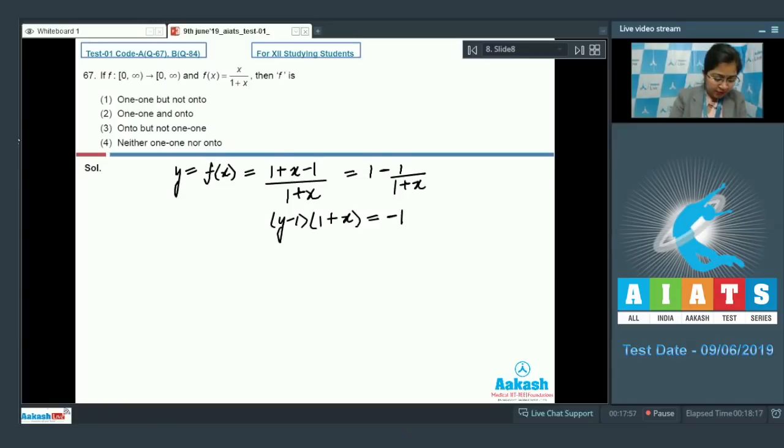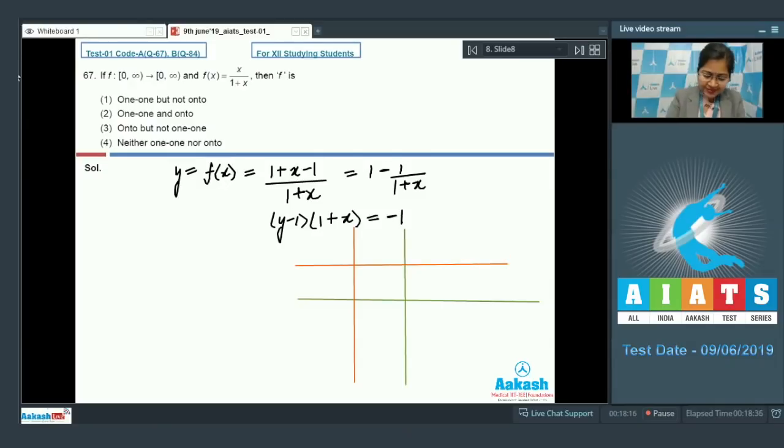So it will be a rectangular hyperbola. Let's plot its curve. Let's say this is the line x equal to minus 1 and this is the line y equal to 1. As it can be seen that the curve is passing through the origin, the curve will be like this, right?